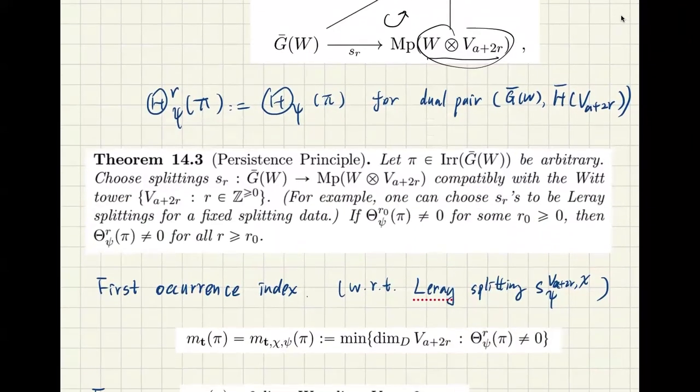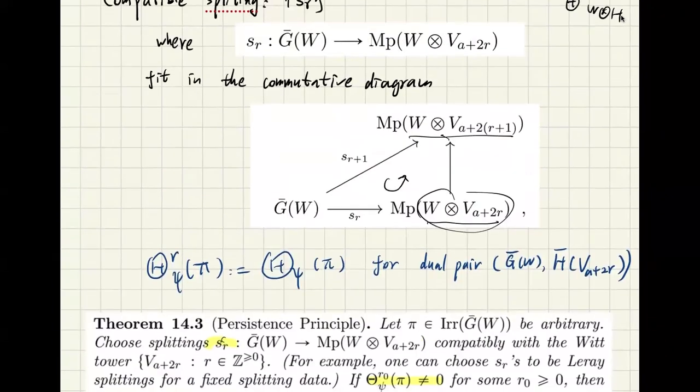Then you have something called the persistence principle. Suppose you know that the lifting is non-zero for a certain R_0, and assume that you have a set of compatible splittings. Then it will be non-zero for any R bigger than R_0.